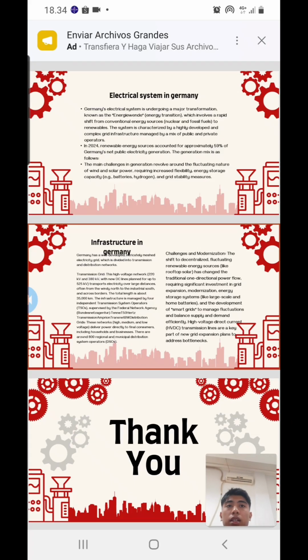High voltage direct current, or HVDC, transmission lines are a key part of the new grid expansion plans to address bottlenecks.